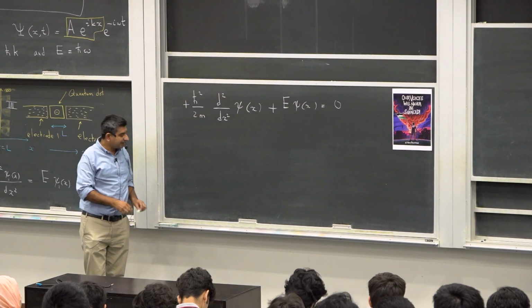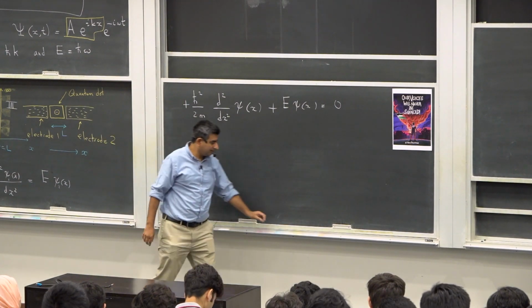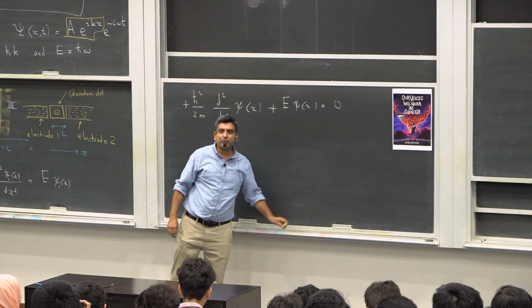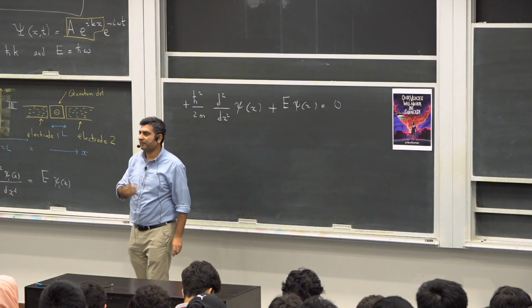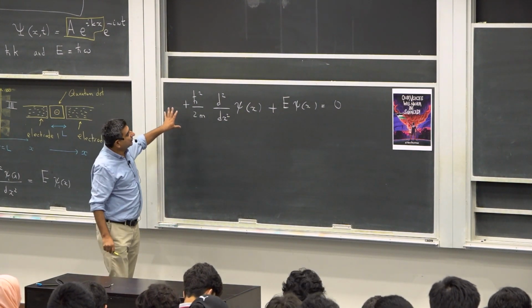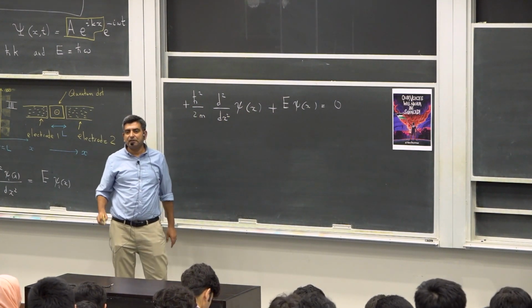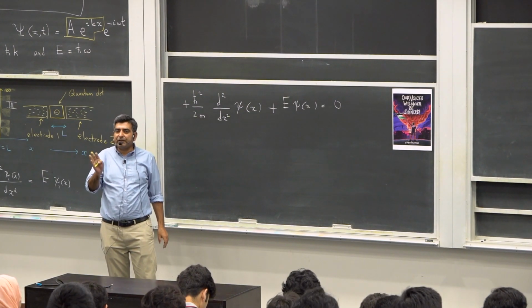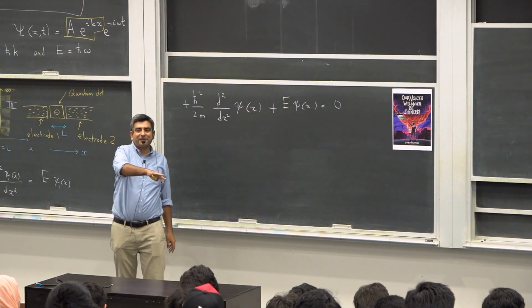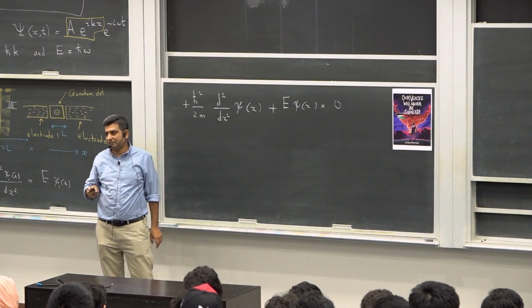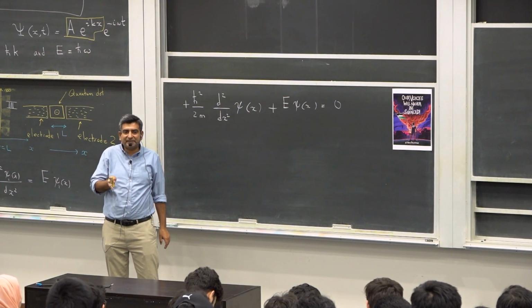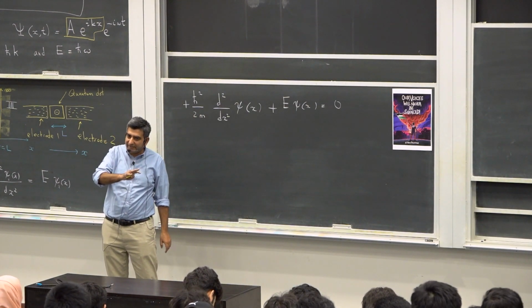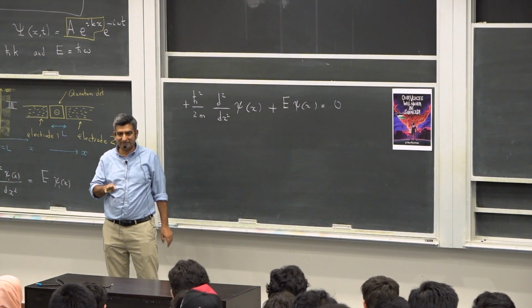Now when I have a second order differential equation of this kind, one way of solving it is the following. I would like to write an equation auxiliary to this. Auxiliary means a satellite equation, another algebraic equation.